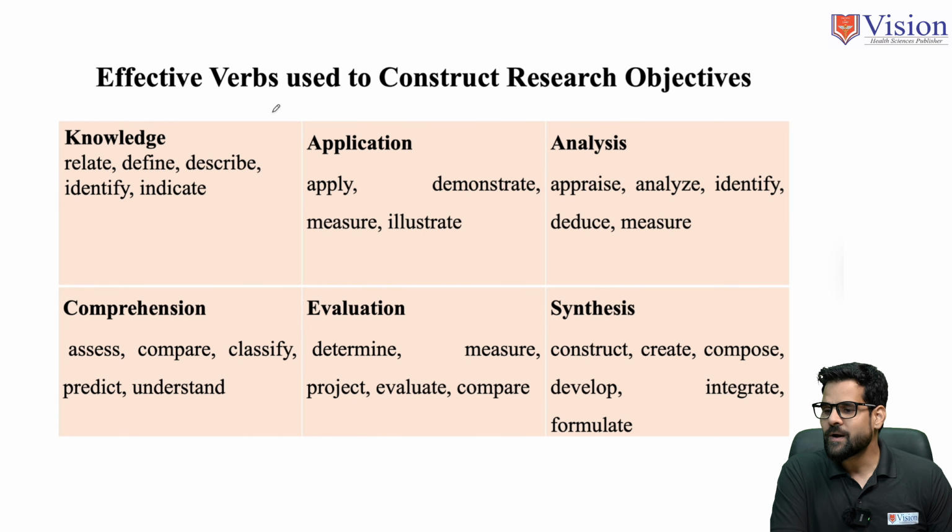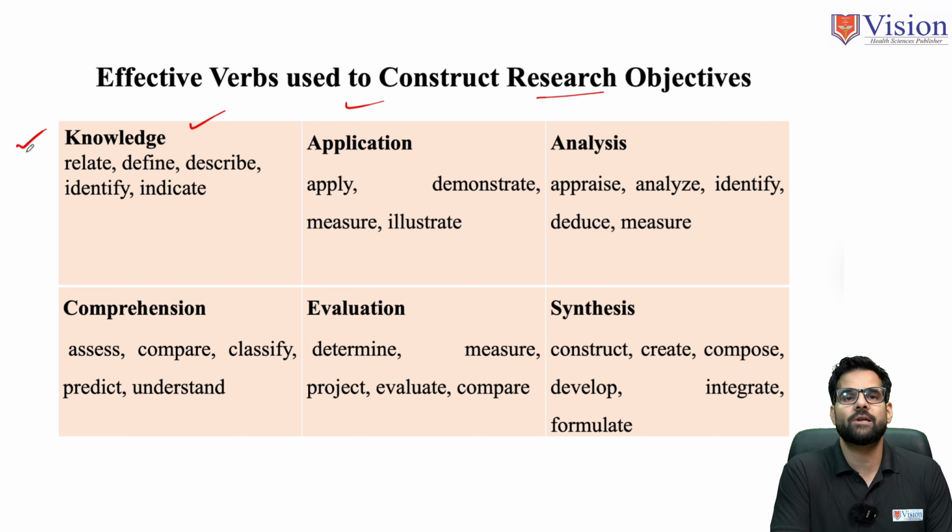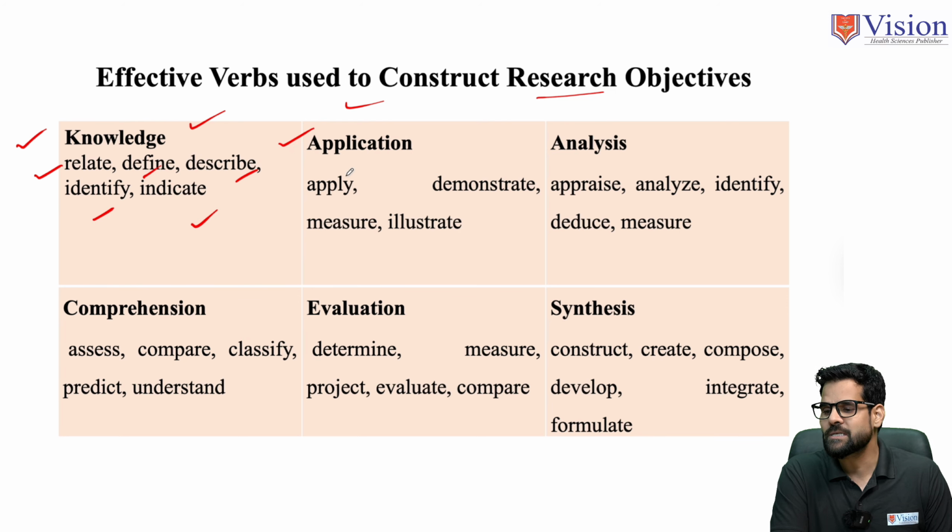Now, effective verbs used to construct the research objective. If you go by the different categories: if your objectives are related to the assessment of knowledge, use words like to relate, to define, to describe, to identify, to indicate. For application, to apply, to demonstrate, to measure, to illustrate. For analysis purposes, to appraise, to analyze, to identify, to deduct, to measure.